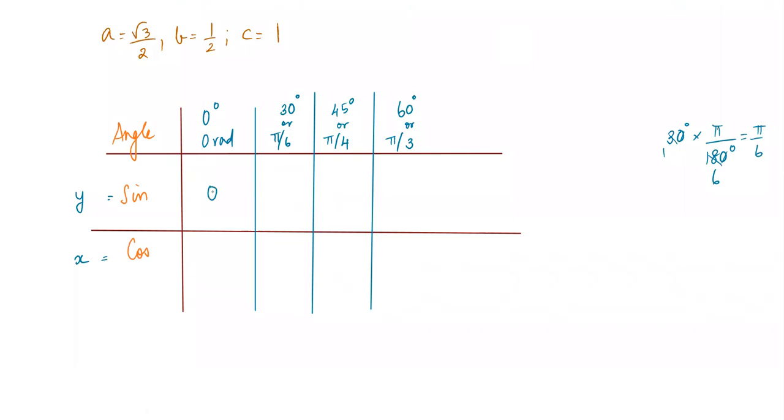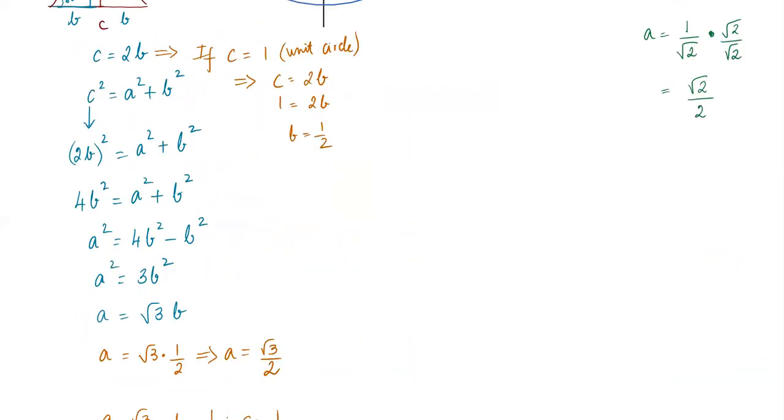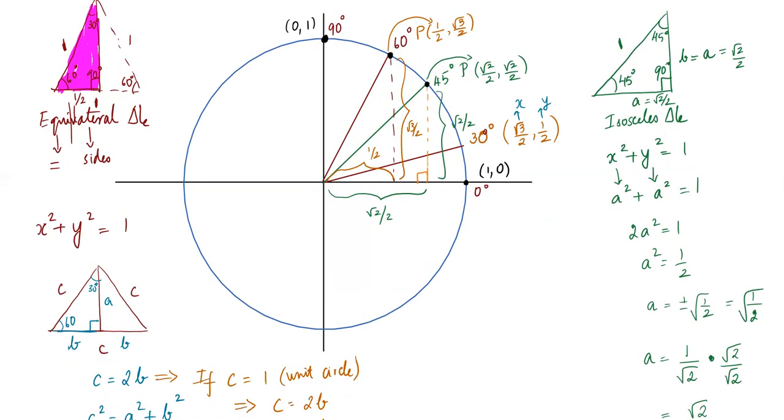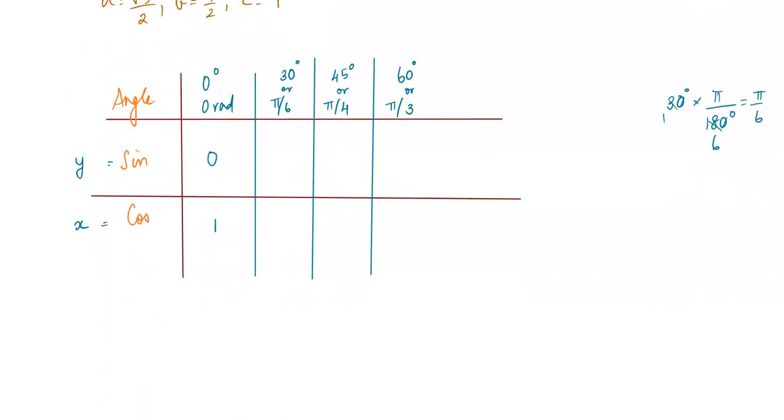And then 30 degrees, come back there. This is your x and this is your y, meaning your cosine and then your sine. So half and root 3 over 2. Likewise, if I fill the others, I would have it like this.